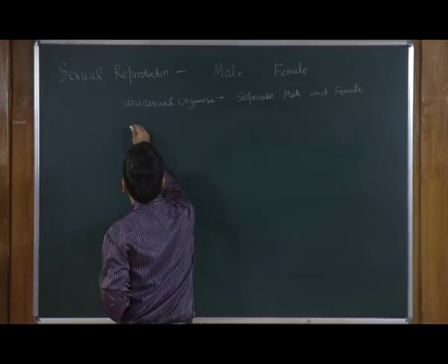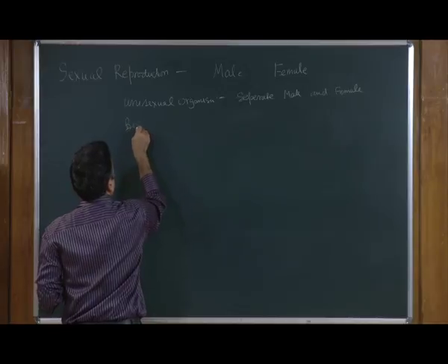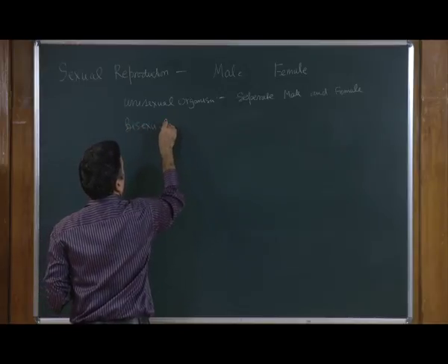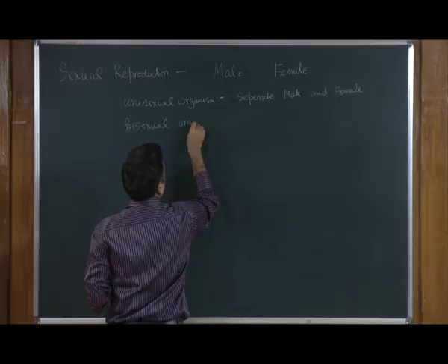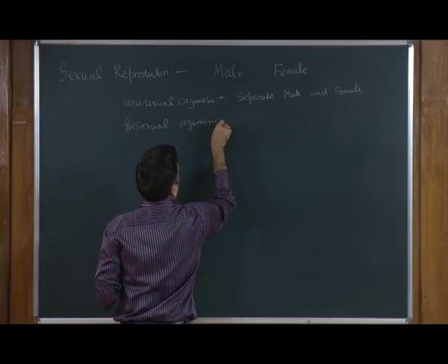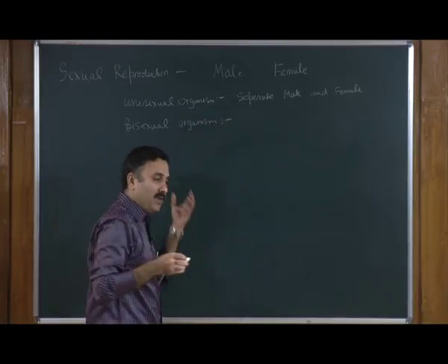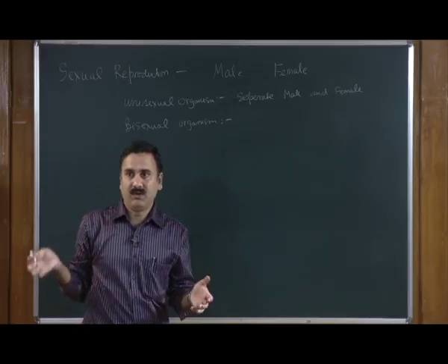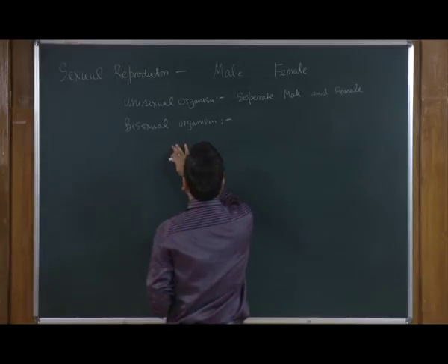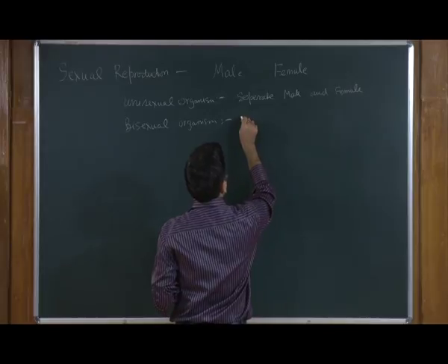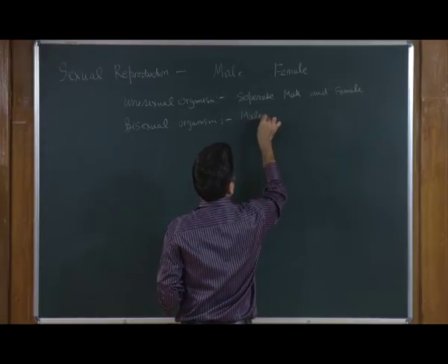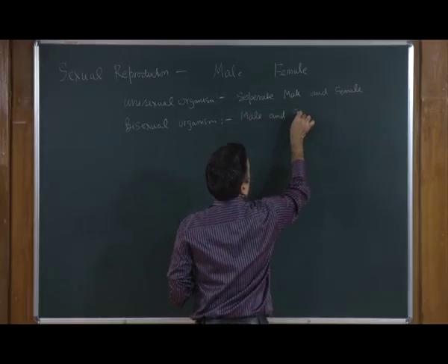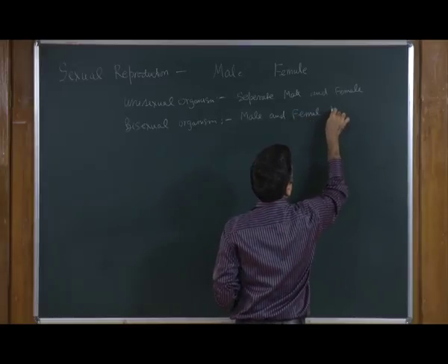Whereas you can have organisms where you have both male and female individuals on the same individual, and those are called bisexual organisms. So, here you have male and female on the same individual.